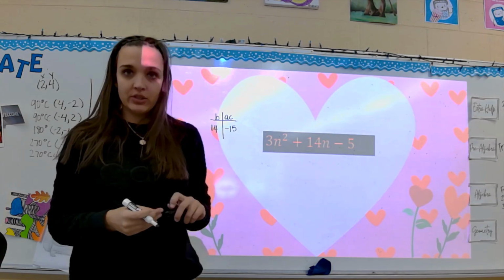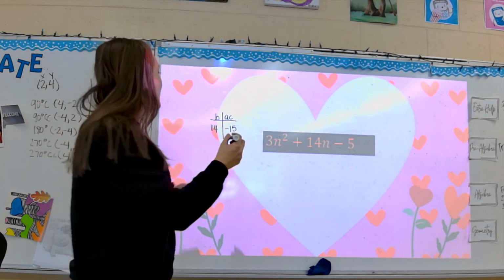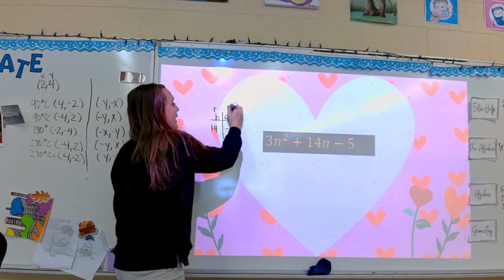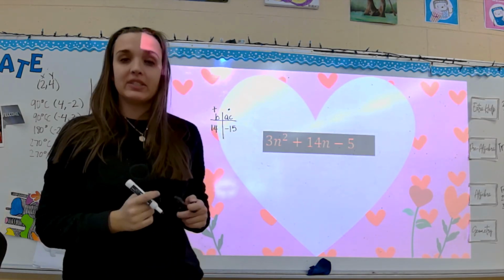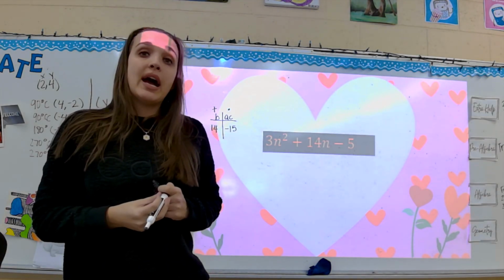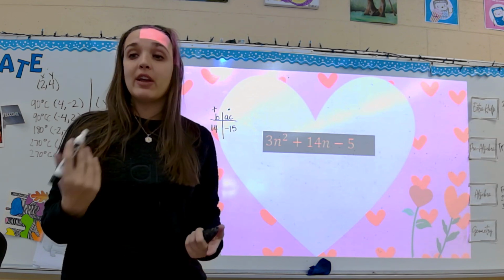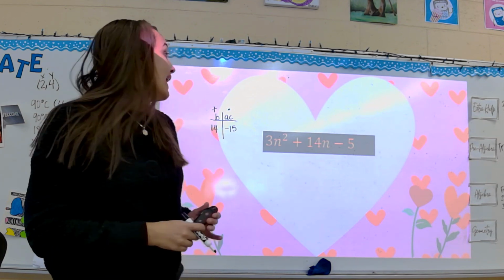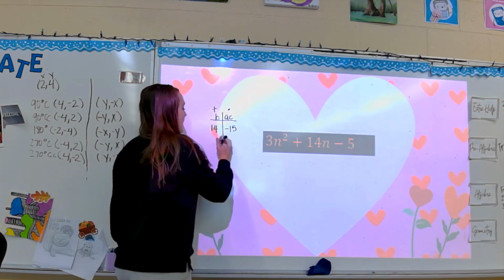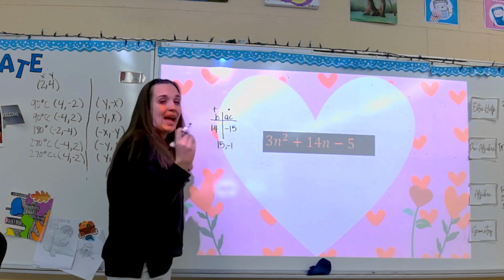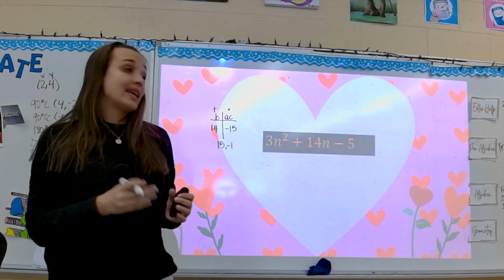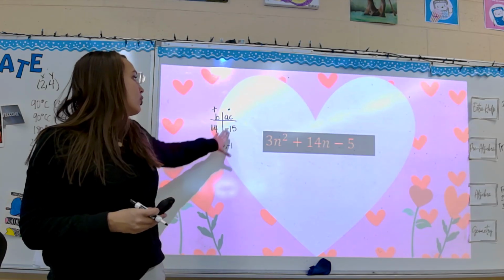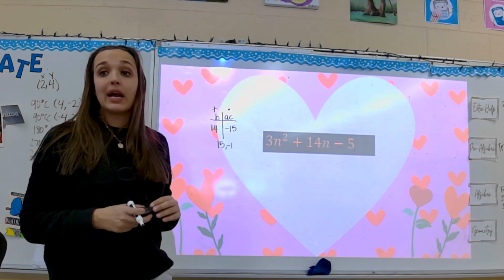I need to find two numbers that add up to 14 and multiply to negative 15. When I think of this, I am thinking of one positive and one negative factor, and that is 15 and negative 1. When I add those two together, I get 14. When I multiply them, I get negative 15 like I wanted.